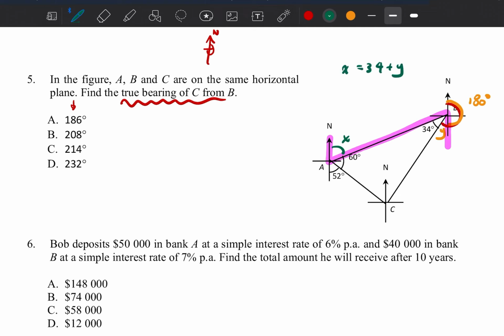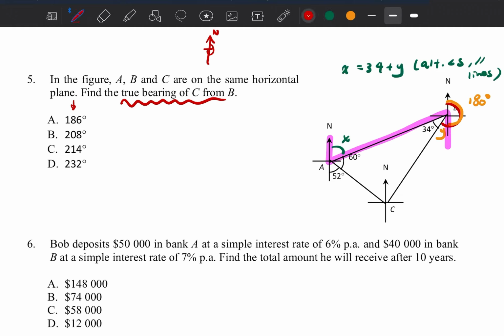X is equals to 34 plus y. Why is that? What am I using here? Using my alternate angles and parallel lines. I mean, this is not really the long questions. You don't really need to write all this, but just for you to have a look.